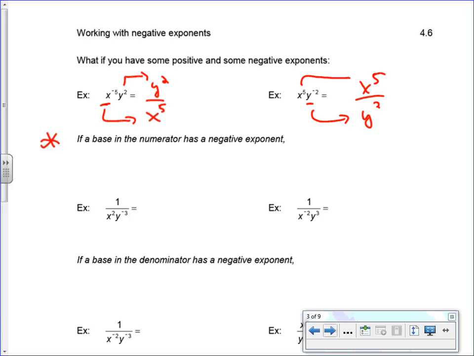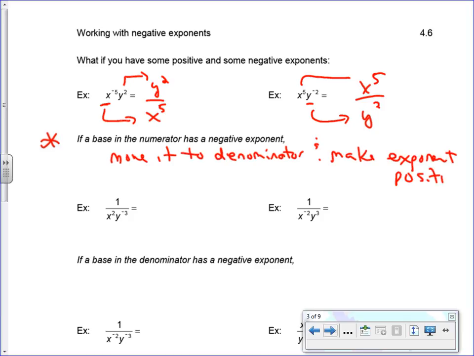If the base in the numerator has a negative exponent, move it to the denominator. Denominator, there it is. And make the exponent, ran out of room, positive.